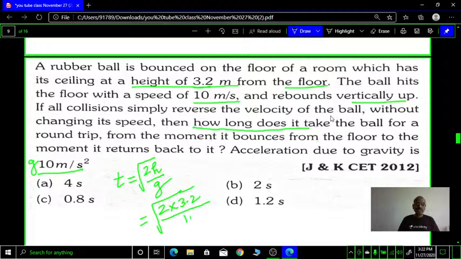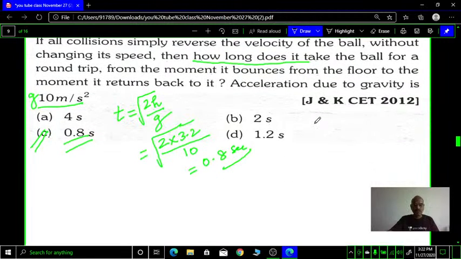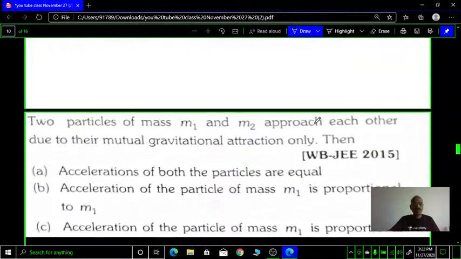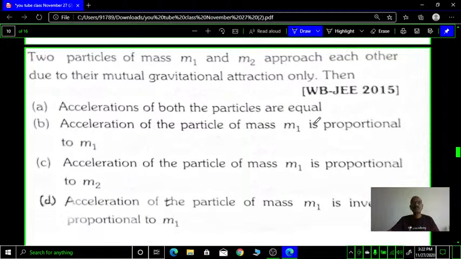G value is 10. That's it. So 2 into 3.2 is 6.4, so root 6.4 by 10, 0.8 second is the correct answer. Time period is the question. If you understand the problem, it is very simple. Within 20 seconds you can do it. Okay, we'll go for the next problem.